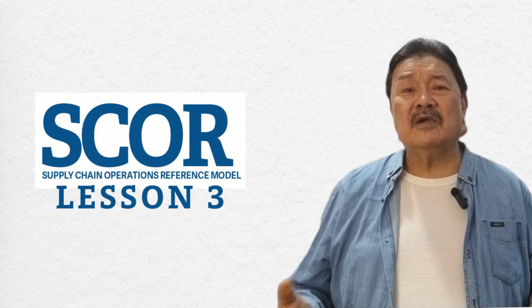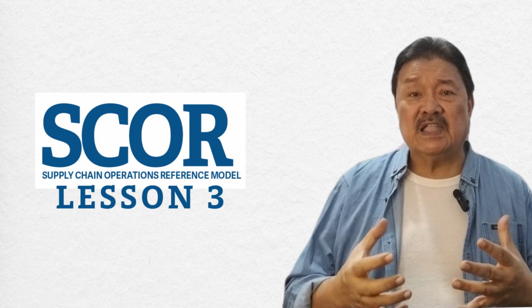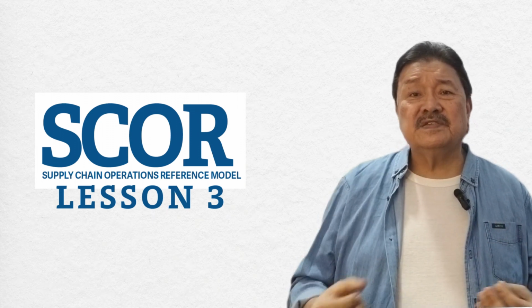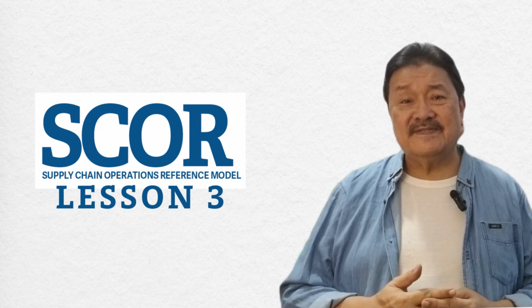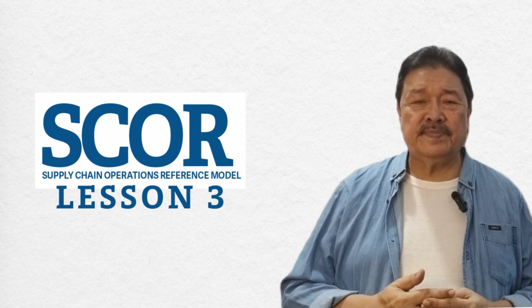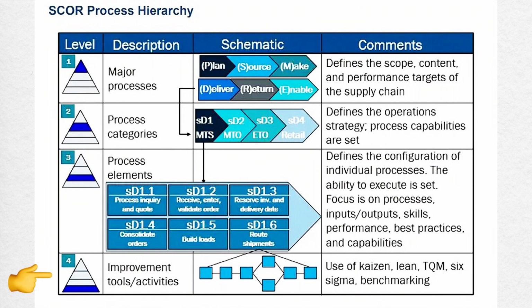You can think of it as being the heart of SCOR. Practitioners refer to this more than any other sections of the model in designing their processes. Now, the last level is level 4 that describes the improvement tools or activities. For example, the use of Kaizen, the use of Six Sigma, and benchmarking.